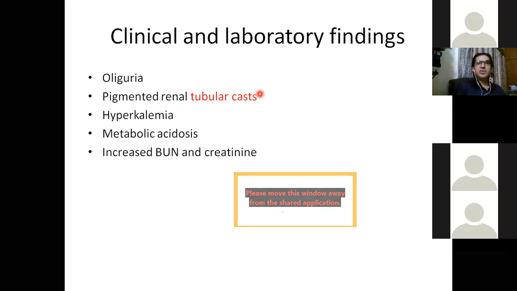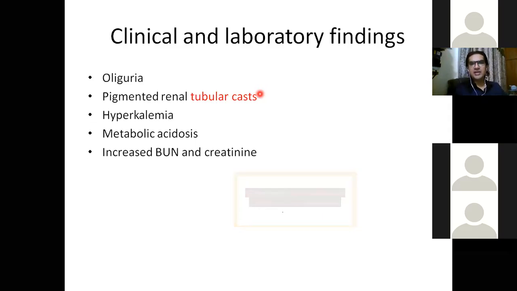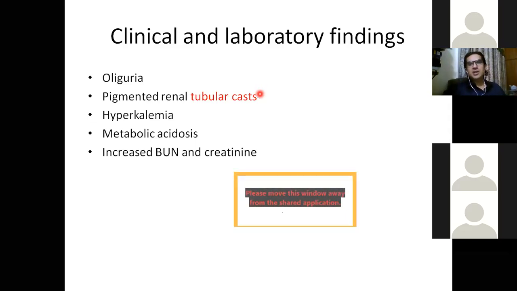Another scenario would be a patient who is admitted and who has some bowel injury or bladder injury or gallbladder injury, and you need a CT scan with contrast. After that, the patient develops oliguria, that is decrease in the urine output, less than 400 ml.